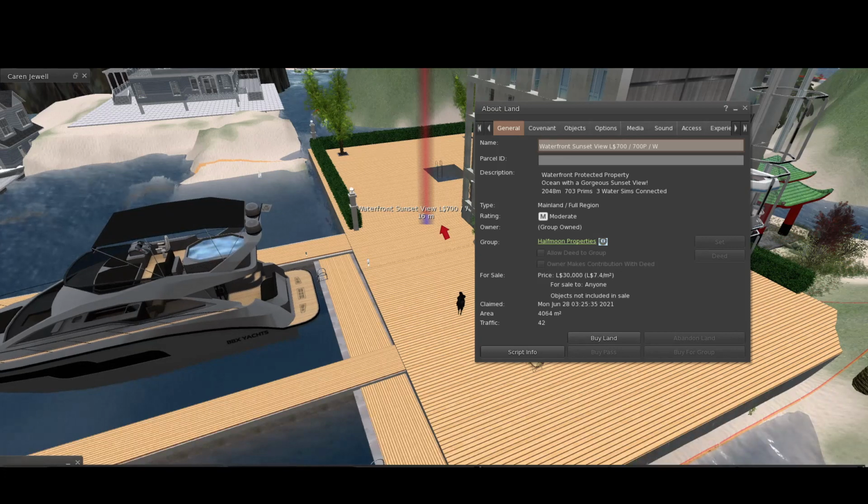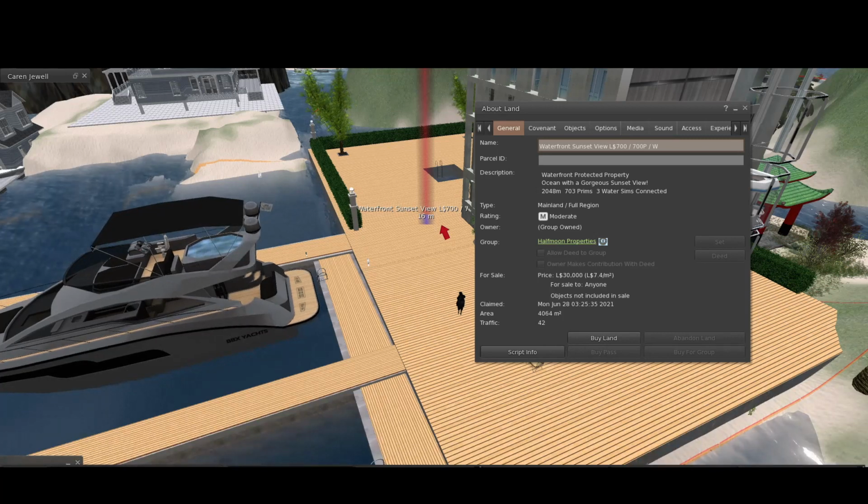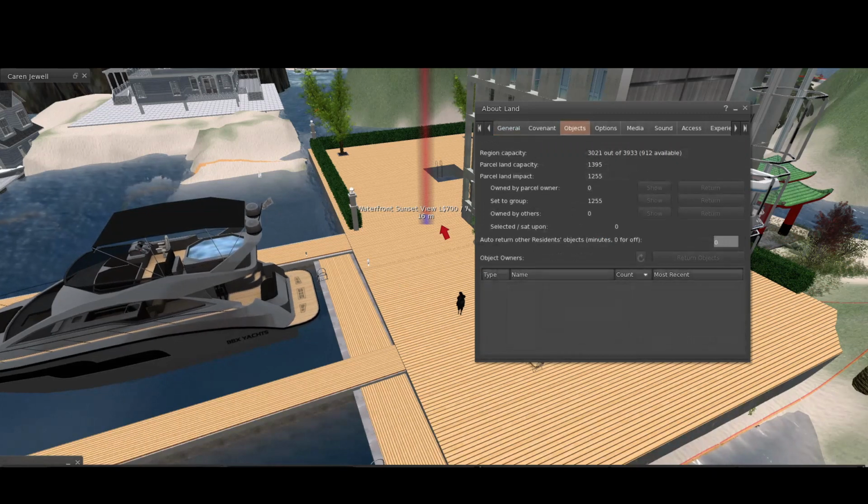So our objects here gives you some information. But this is really what we need to know. This is a great way of checking scripts as well.